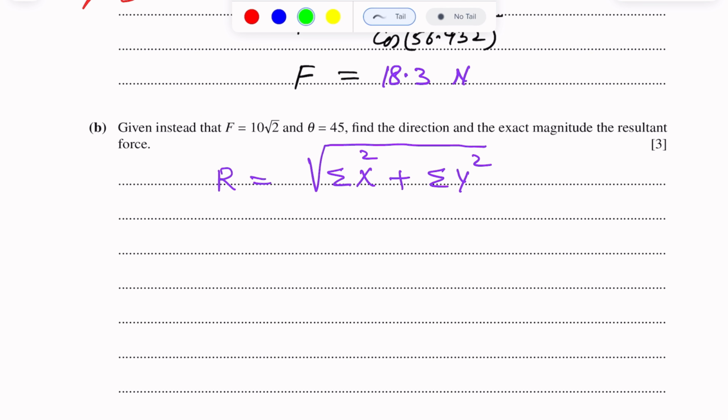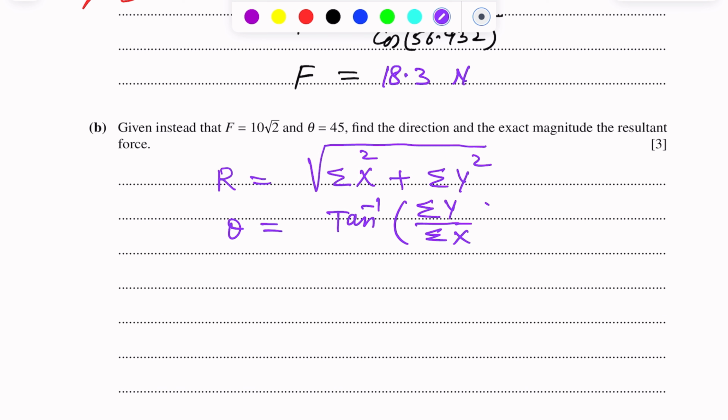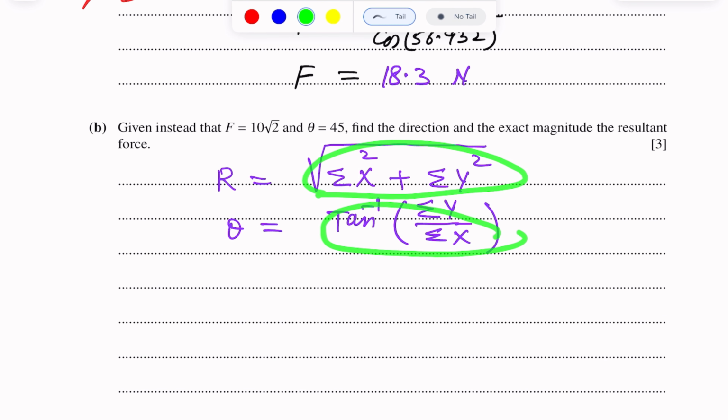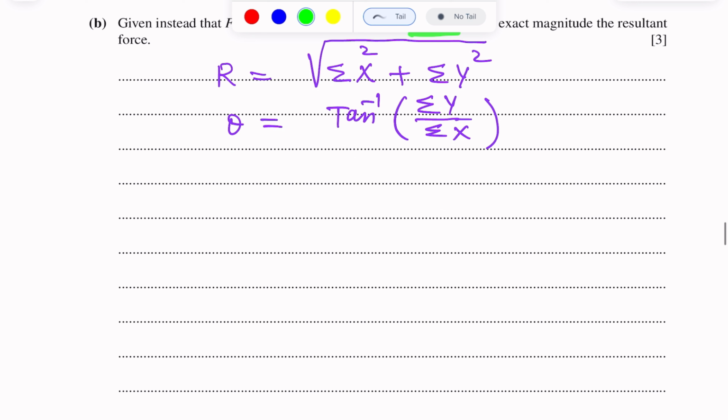This is the magnitude of the resultant, and the direction of the resultant will be tan inverse of summation y over summation x. We will use these two formulae to find the exact magnitude and direction of the resultant.